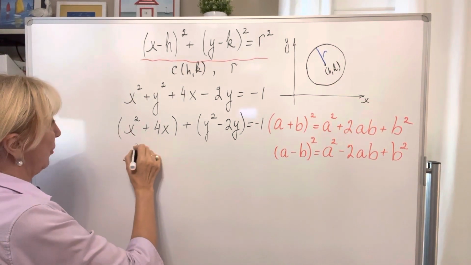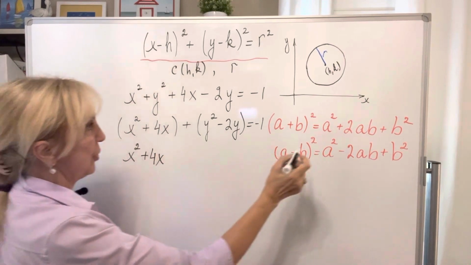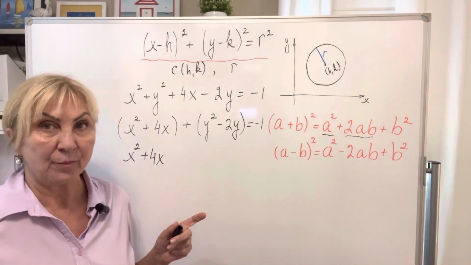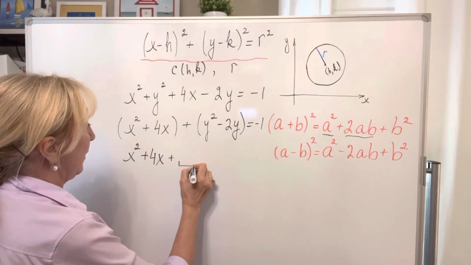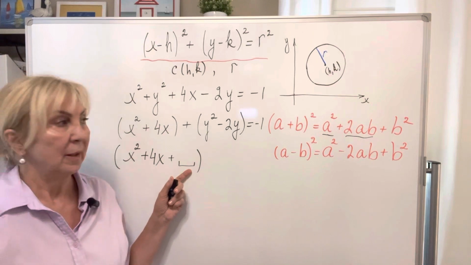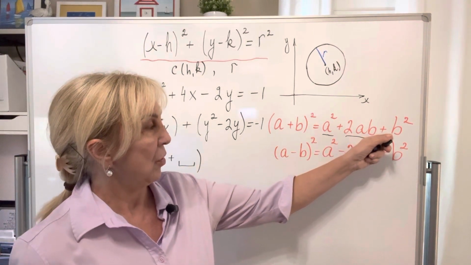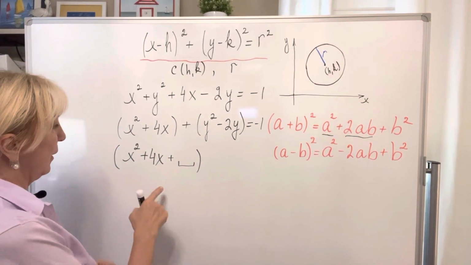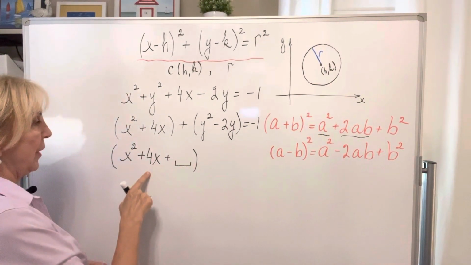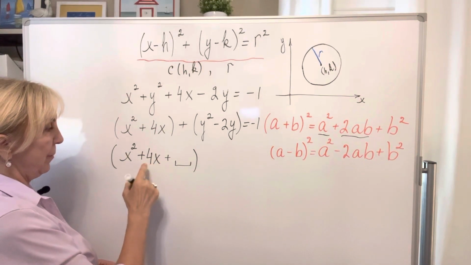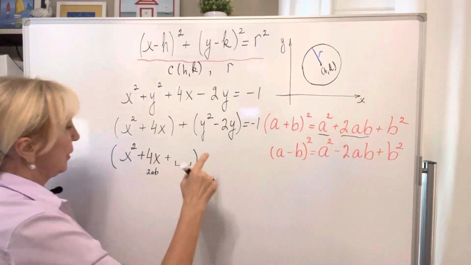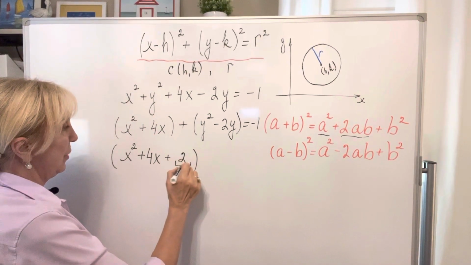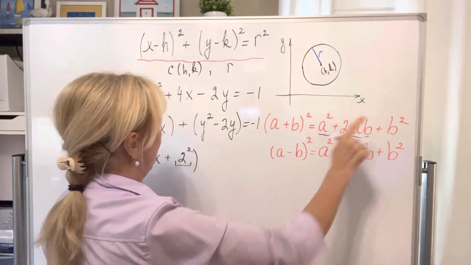So far we have the first two terms, which is a squared plus 2ab, and to complete the perfect square we have to add something that would give us that formula. b is the second term, and the coefficient 4 is 2ab in our formula, so to find b we divide by 2. 4 divided by 2 is 2, and it's 2 squared, because that's what we completed.